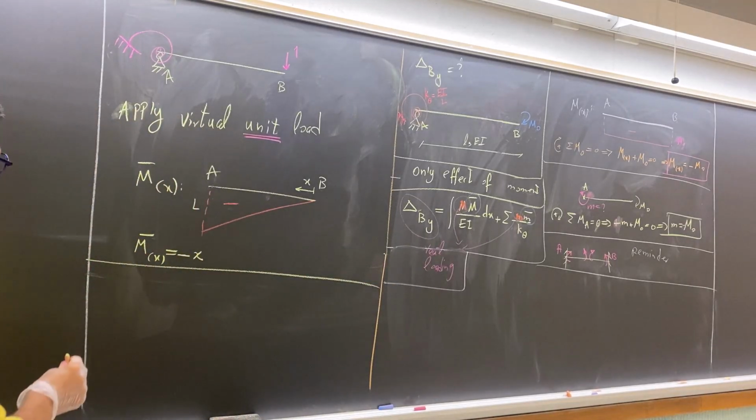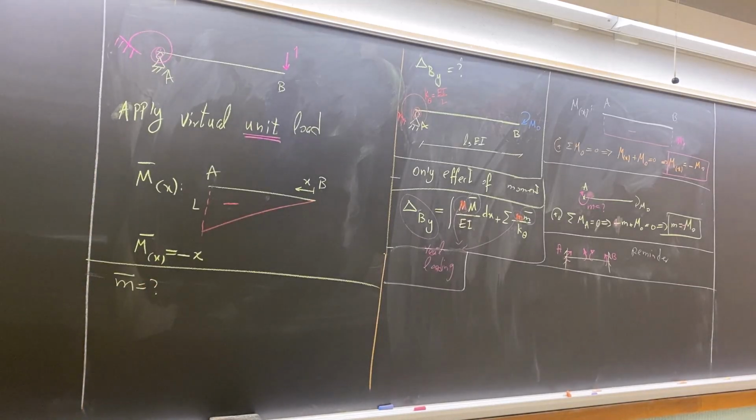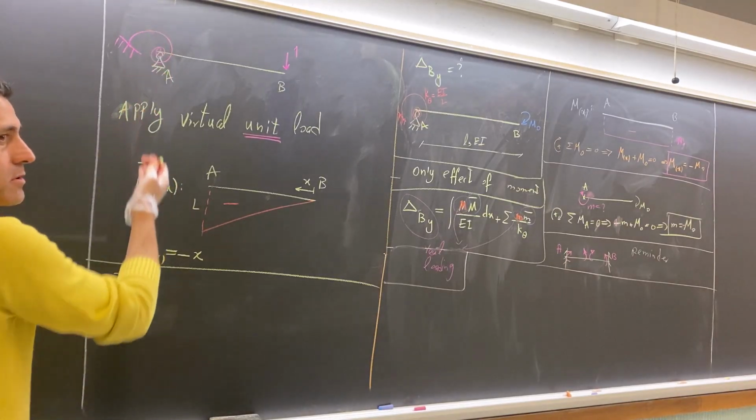Next step, we are going to find this. What is this? Clement, if you want to explain it. Is this the equation or the amount? It's the same thing, how the spring is affected by unit load. So how much is the amount of moment inside this spring?